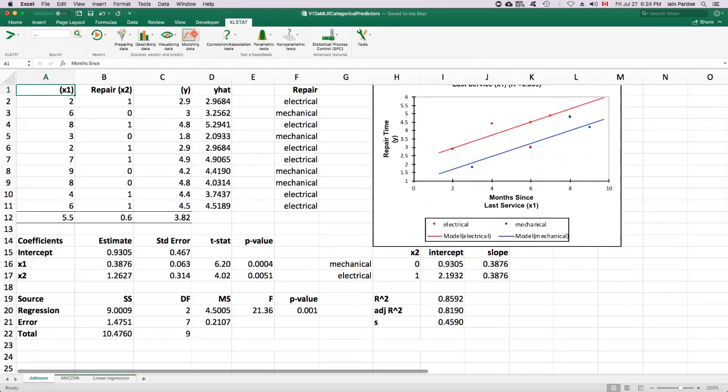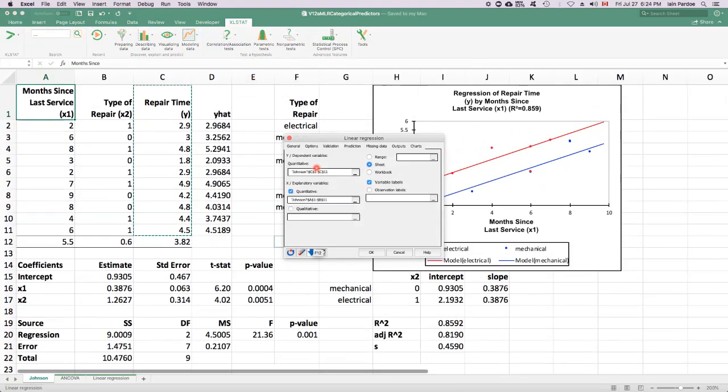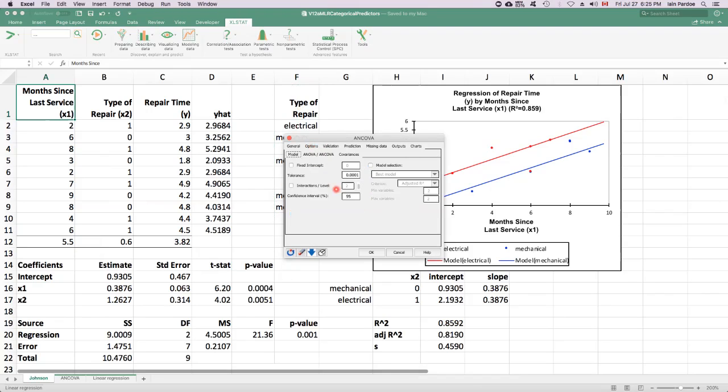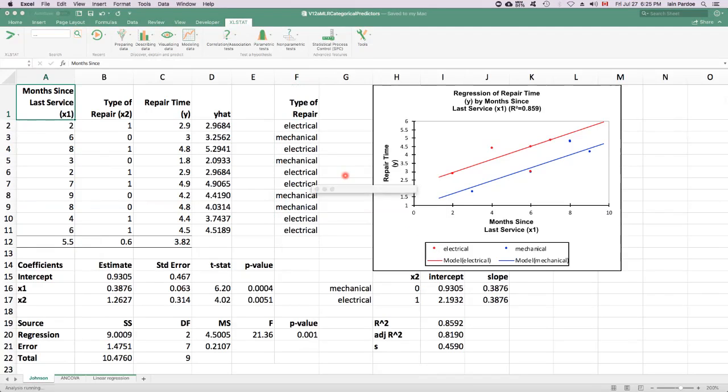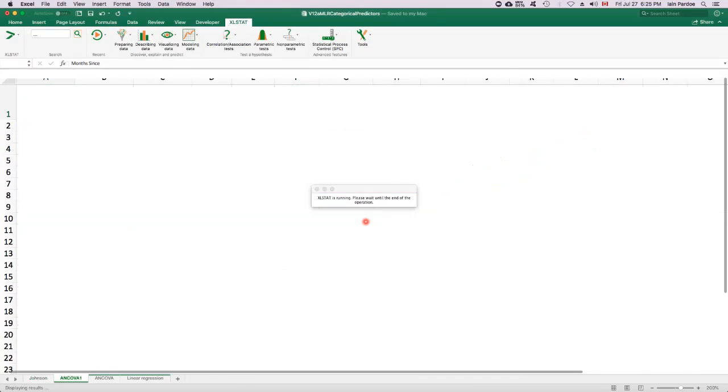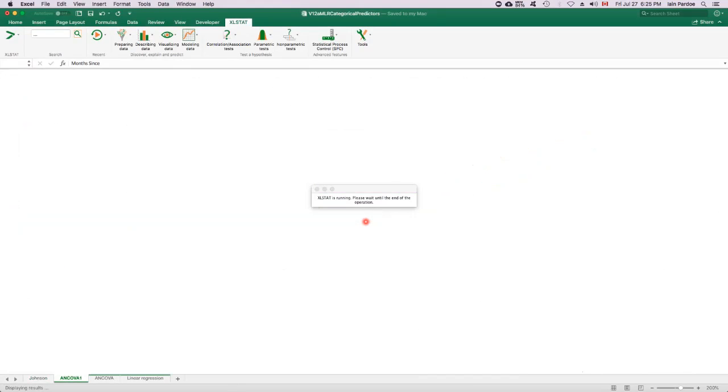Well, we can easily see what that would look like if we fit the model and add an interaction. So there's my model, and then under options, I'll add an interaction. And when it asks me, I'll select all three terms. And now it's going to fit that interaction term.